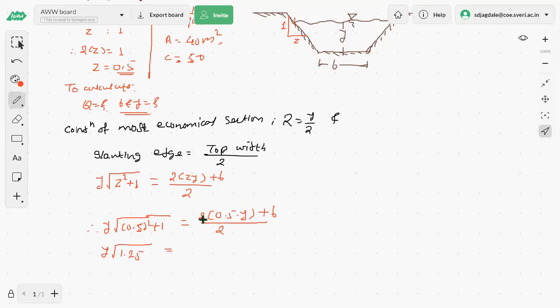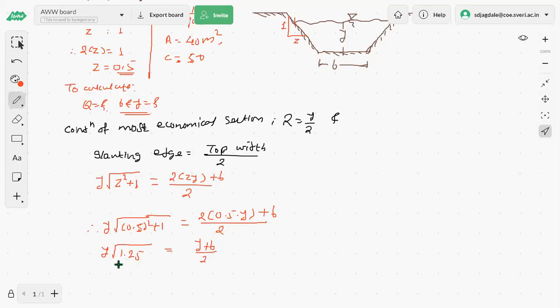That is equal to 0.5 into 2. How much is it? 0.5 into 2 is 1. Right. It means it will be Y plus B upon 2. Is it correct? Yes, sir.